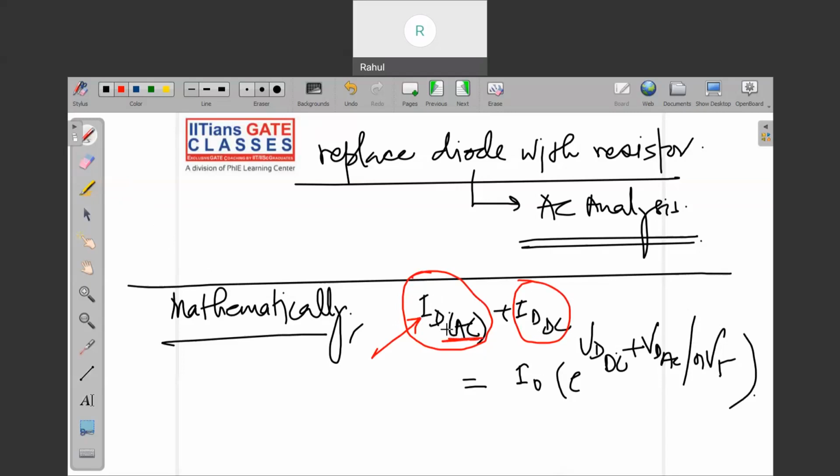In the subscript I have written AC, so it is an AC quantity, and this is DC. So we are doing AC plus DC for the current, so there should be AC plus DC in the diode voltage as well. So e raised to power m plus n means e raised to power m times e raised to power n. You can write this separately here.